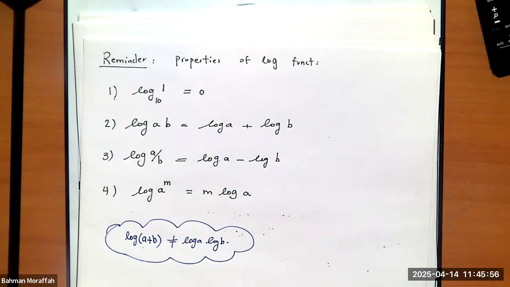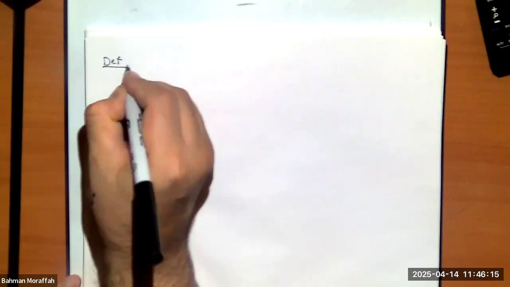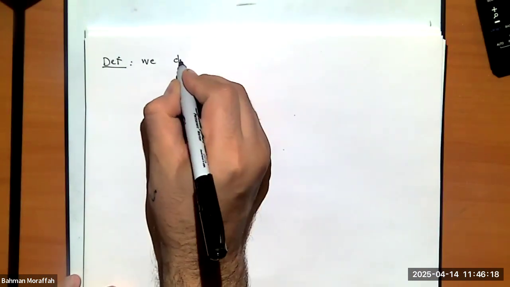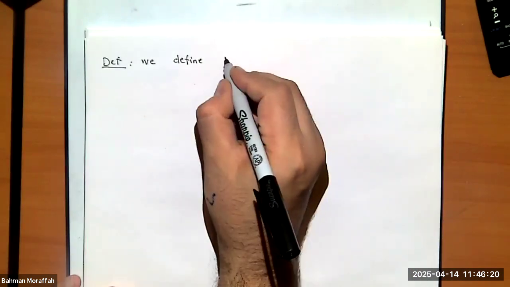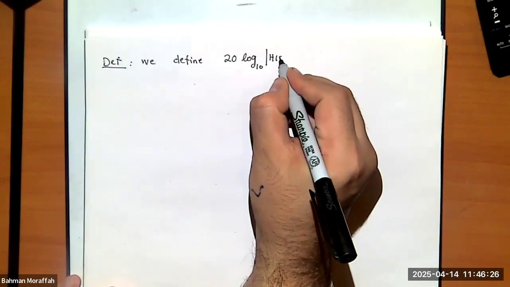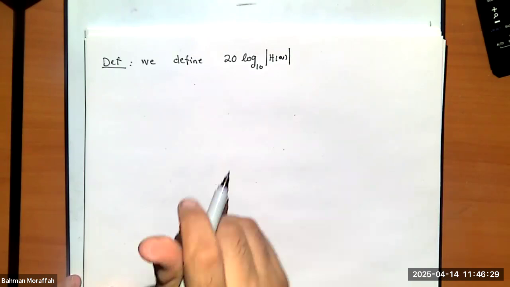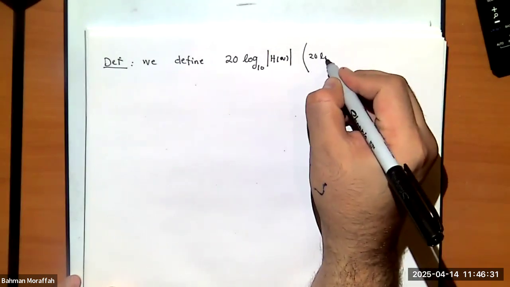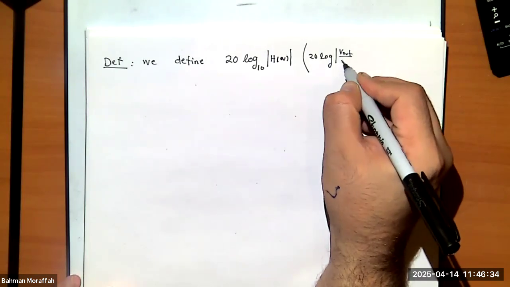Because of that, we're going to define a whole new scale, which is a semi-log scale. And we call that scale the dB scale. So, definition: 20 times log 10 of the magnitude of h of omega, which is basically 20 times log 10 of, for example, v out over v in.